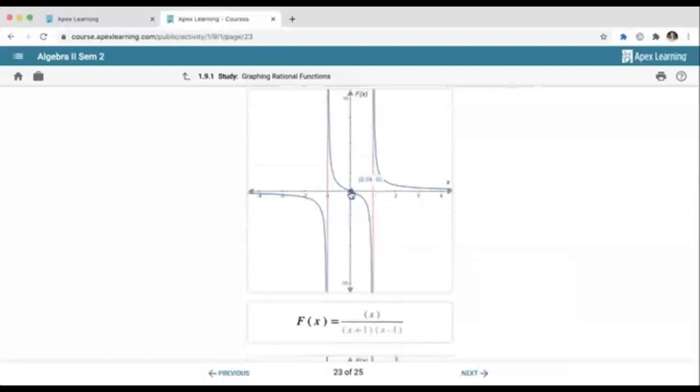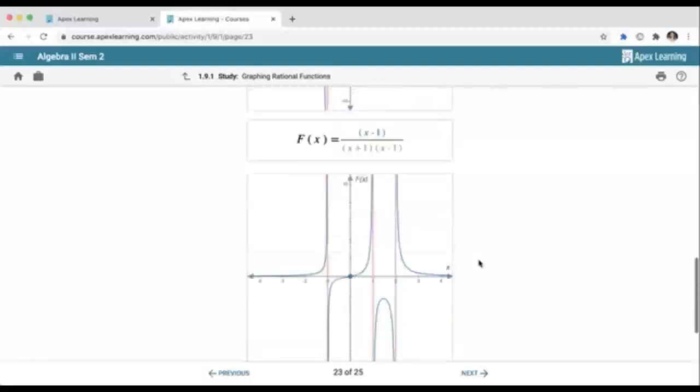If I pull this closer, you can see that these graphs look like they're going to be touching at that point. If I were to connect those two graphs, look about where they would be. So it shows it as a hole where those two would touch if they came together. Same thing on this side. Looks like they're going to touch a little bit above the x-axis, and that's where that graph would be.